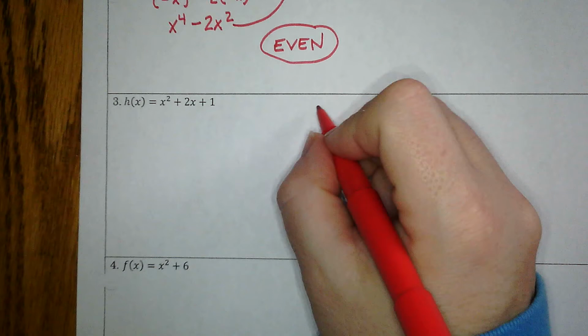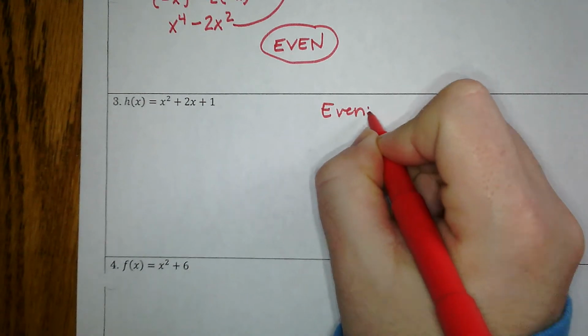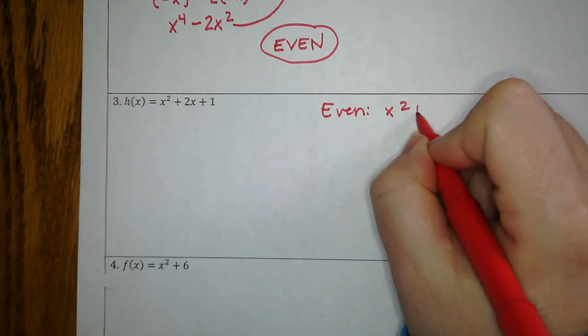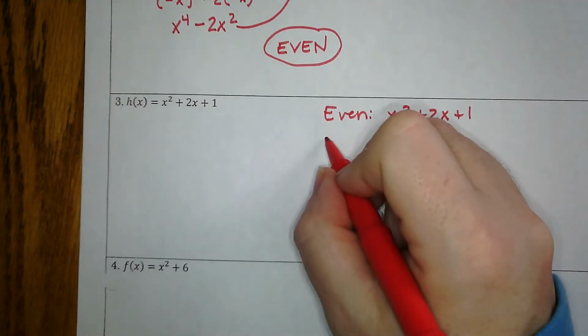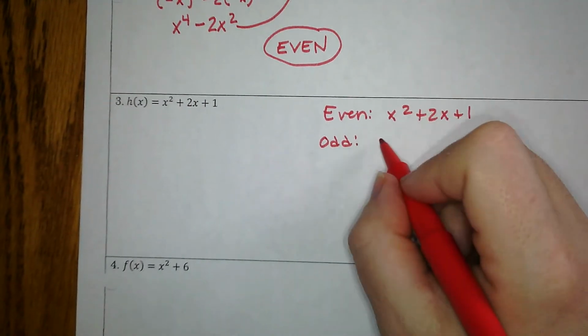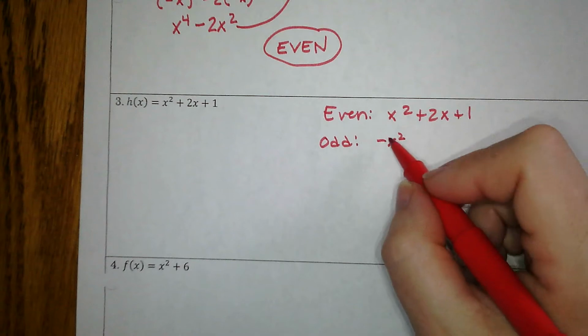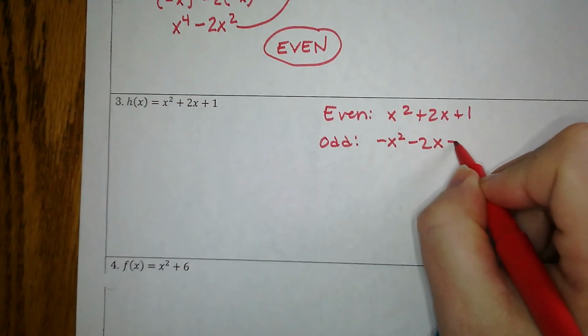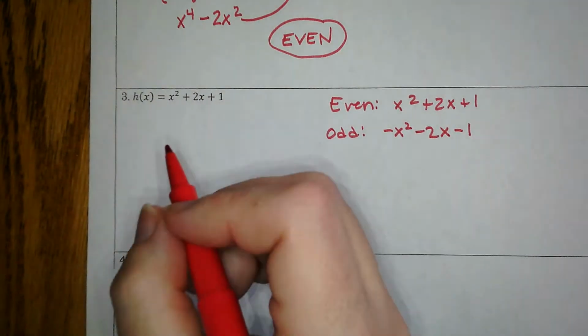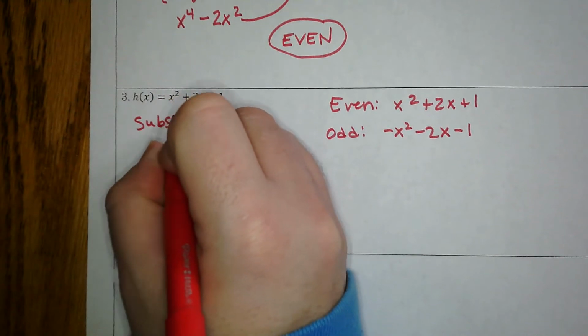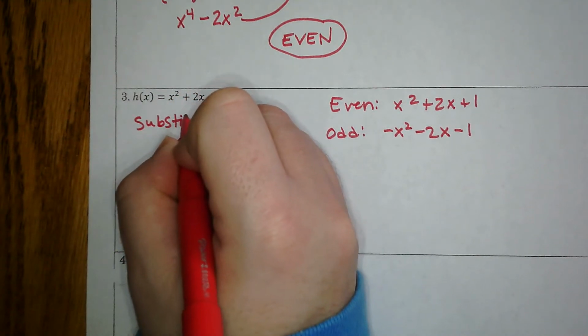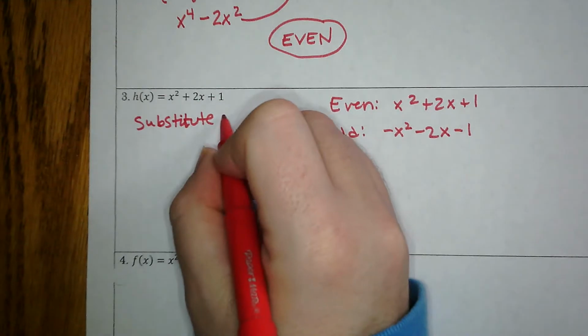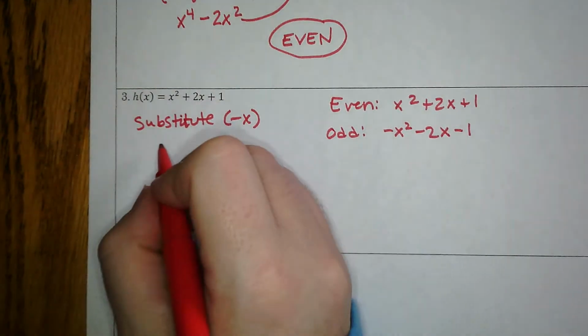Okay, for number 3, if it's even, it's going to come out exactly the same, x squared plus 2x plus 1. If it's odd, it's going to be the signed opposite, negative x squared minus 2x minus 1. So what we're going to do is substitute our negative x in.